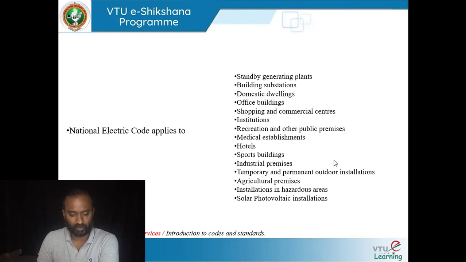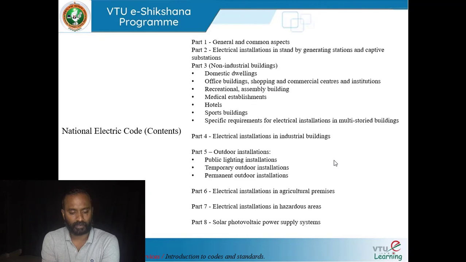So the National Electric Code applies to, this is just the contents of NEC to understand what type of buildings it can cover. I've listed down a couple of building typologies which you can refer to, and those are the typologies of the buildings, and this is the content of NEC.